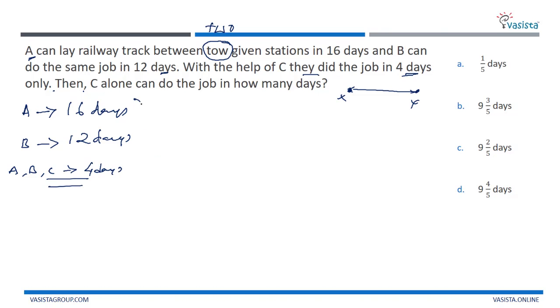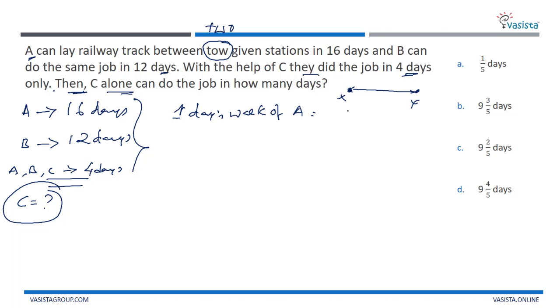Now, what are we supposed to find? Then C alone can do the job in how many days? We are supposed to find C. How many days can C complete it? That is the question. Now let us take this. A can lay in 16 days. That means 1 day's work of A is equal to 1 by 16.